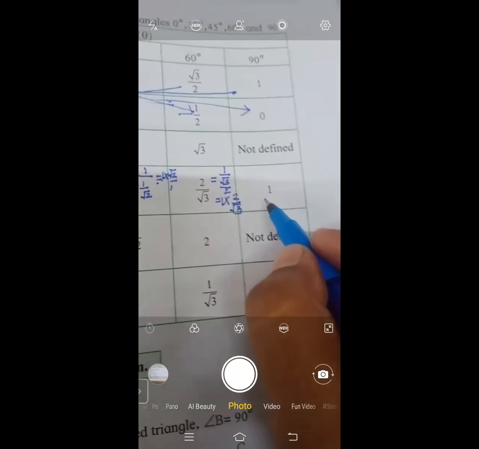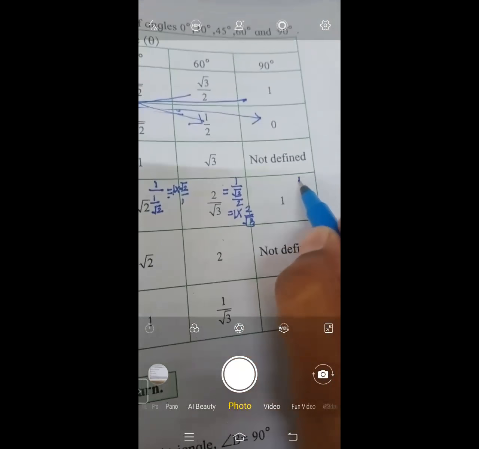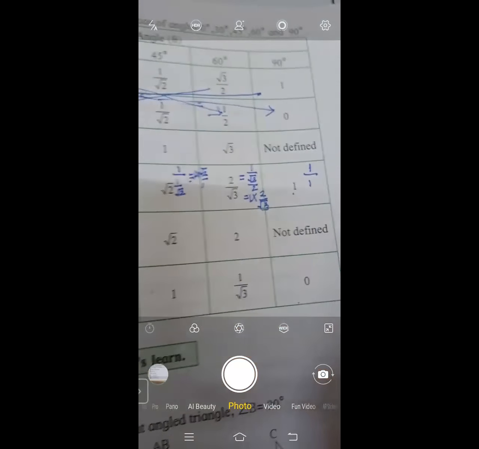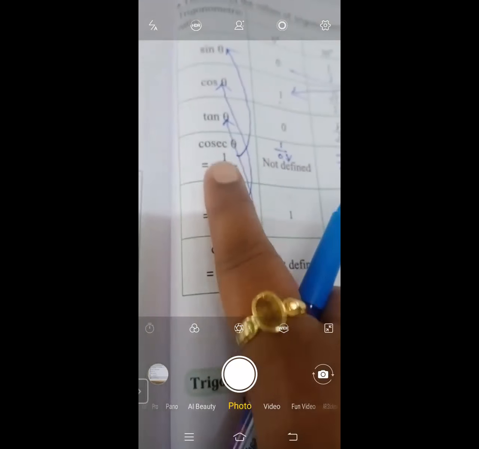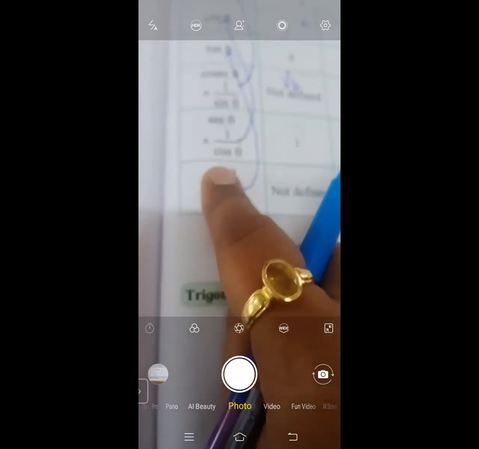Moving forward, 1 upon sin 90 is 1, so 1 divided by 1, the answer is 1. Just by remembering this ratio, we can formulate the whole row for cosec theta.